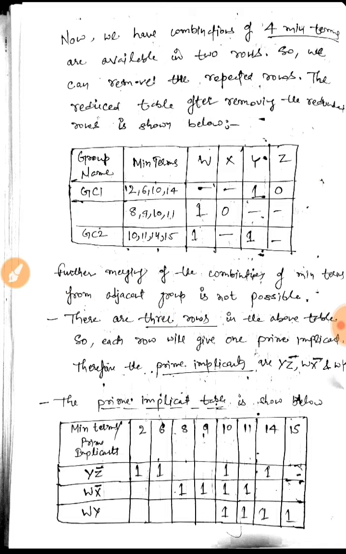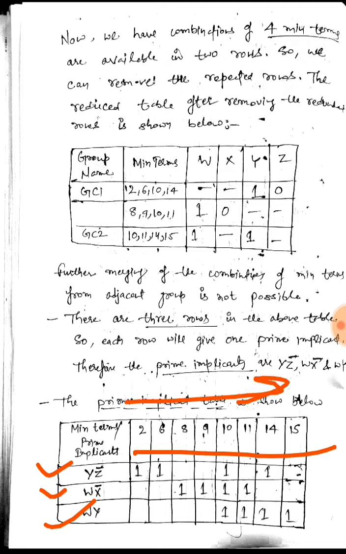So these 3 rows give me 3 prime implicants, which I have arranged in this table in the rows, as we have seen in the steps, and in the columns I have the minterms given in my logical function, arranged in ascending order.